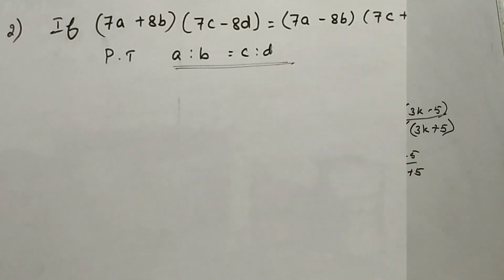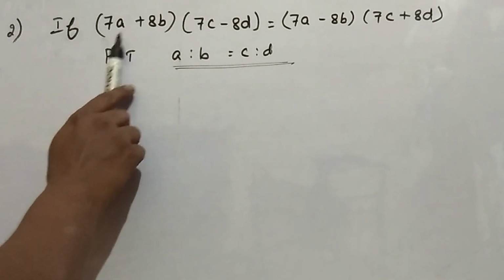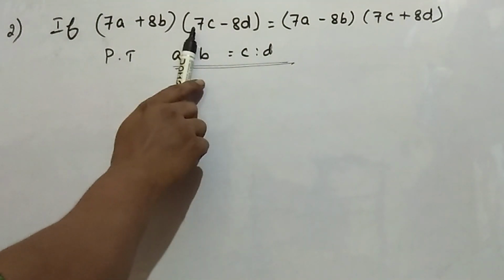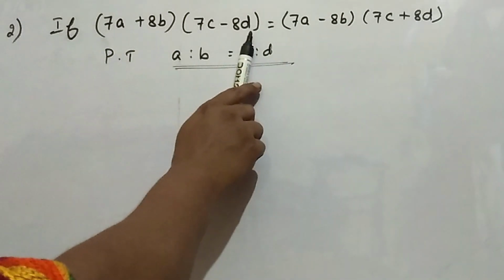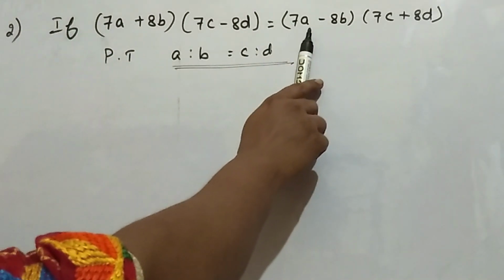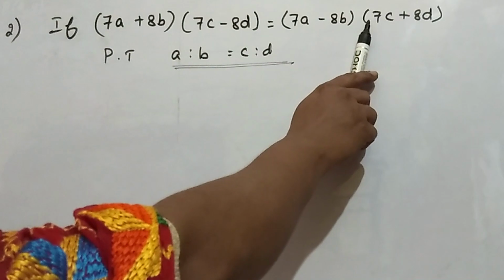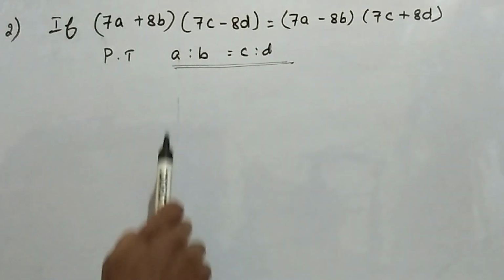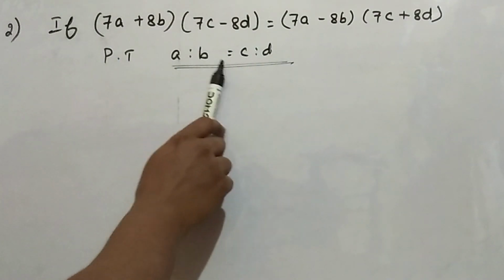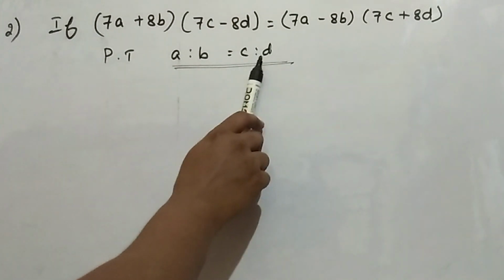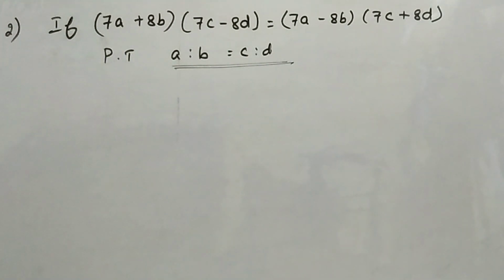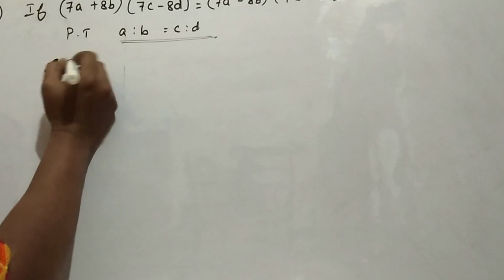Clear? Second question. If 7A plus 8B into 7C minus 8D is equal to 7A minus 8B into 7C plus 8D, prove that A ratio B is equal to C ratio D. Okay. Solution.